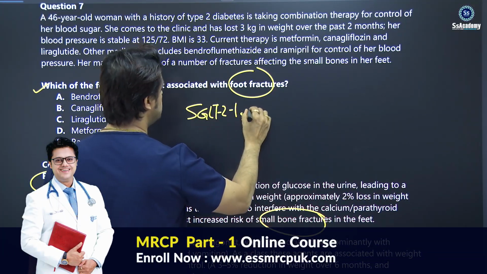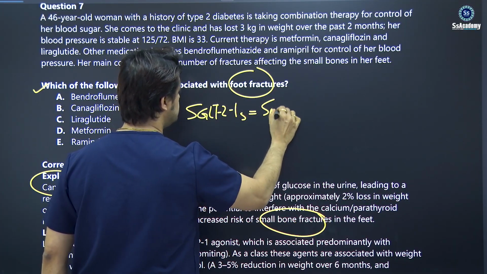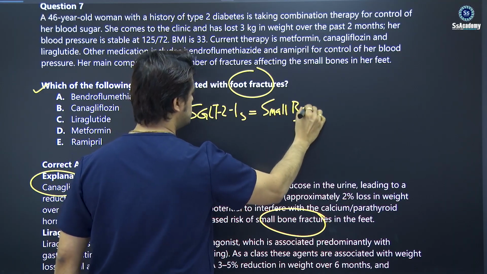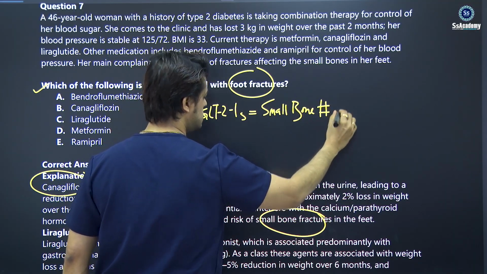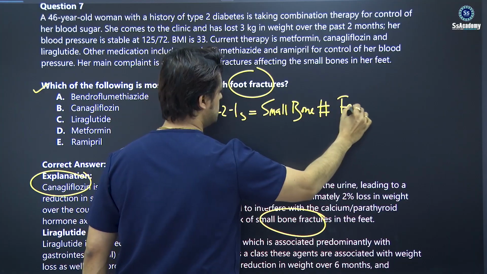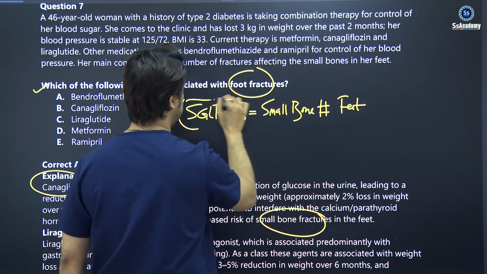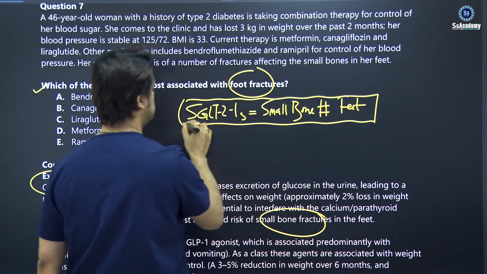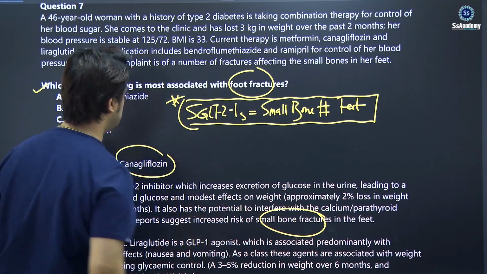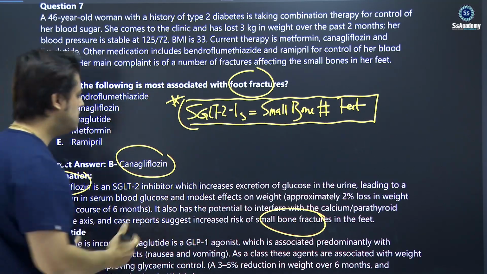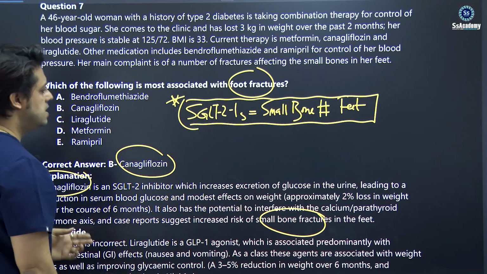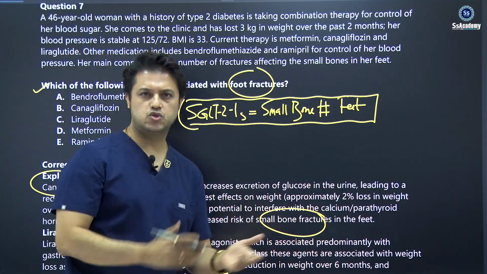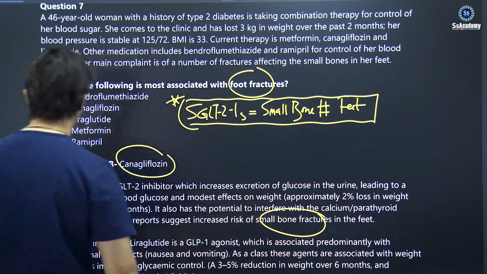So SGLT type 2 inhibitors equal small bone fractures in the feet, just write it down. So yes, my dear, foot fractures are associated with SGLT type 2 inhibitors. You must know, my dear, it's one of the important questions that will hit in the last diet, so you can do your best in your exams.